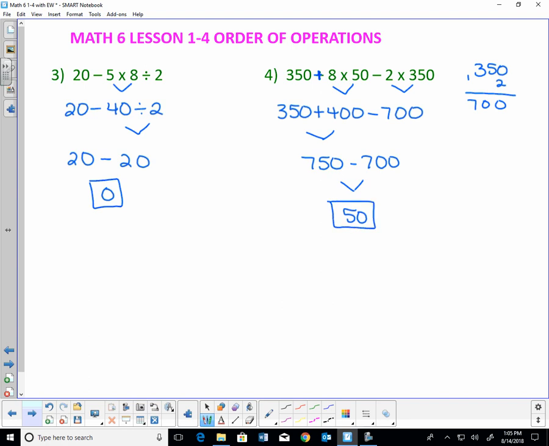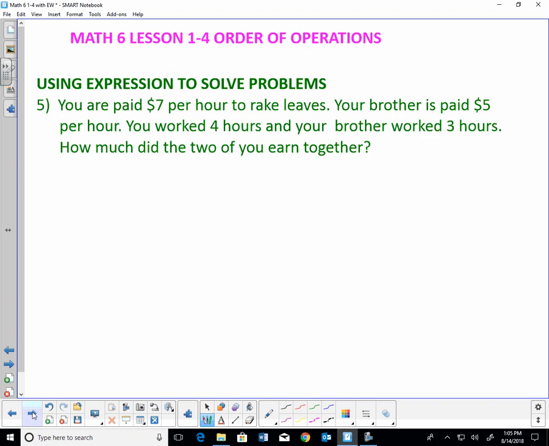Let's take a look at an application. Using expressions to solve problems. You are paid $7 per hour to rake leaves. Your brother is paid $5 per hour. You worked 4 hours and your brother worked 3 hours. How much did the two of you earn together? Okay.